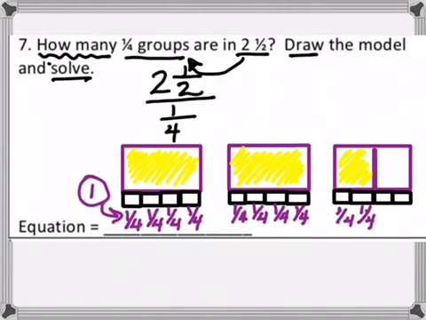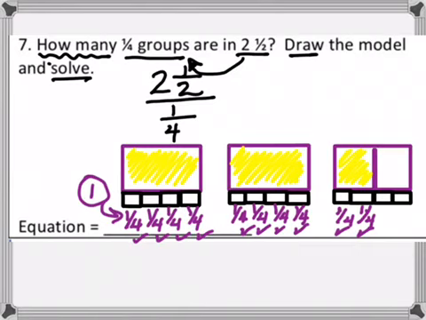So with all that being said, the number of groups that I'll count would be 1, 2, 3, 4, 5, 6, 7, 8, 9, 10. So there would actually be 10 1/4 boxes or groups, as has been stated here.